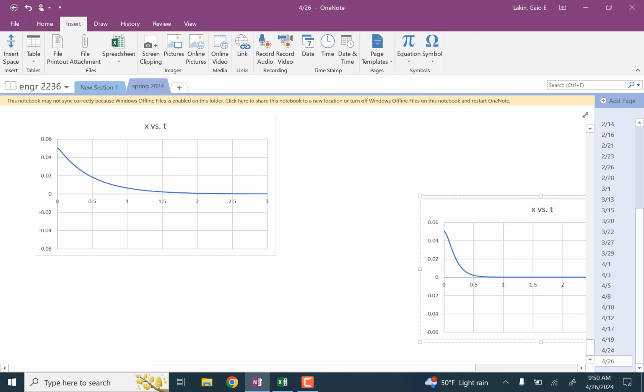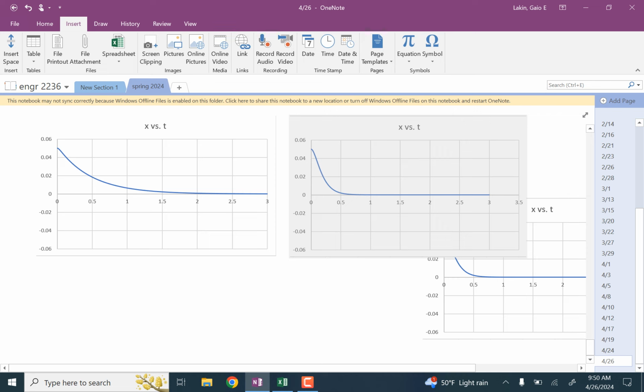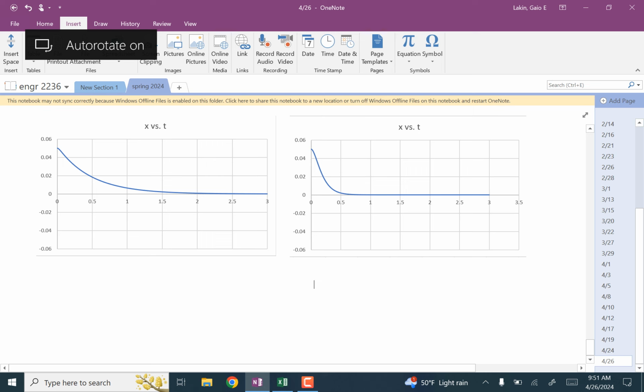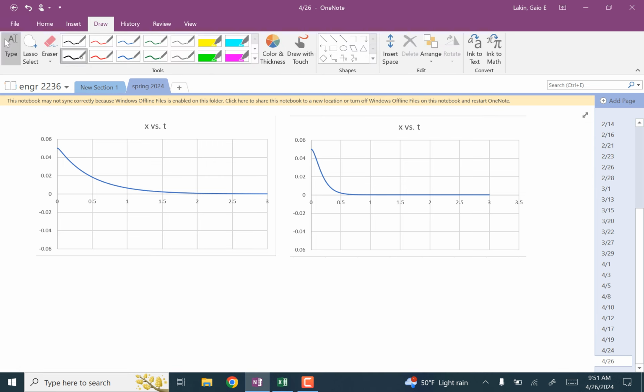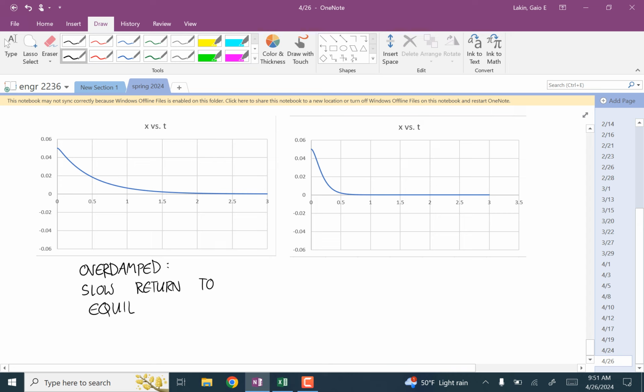These are the same m and the same k. So this is overdamped. This is a slow return to equilibrium. This is the critically damped case, and this is the fastest return to equilibrium.